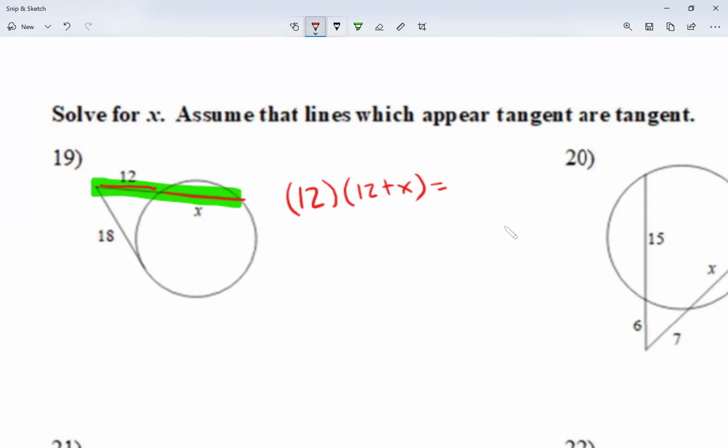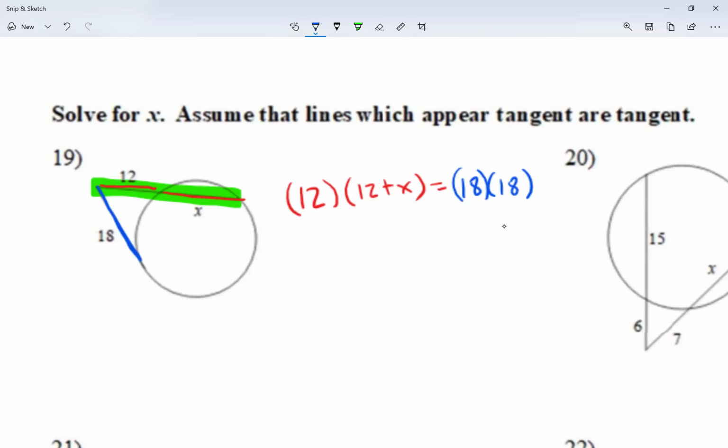Now with blue, let me take a look at the other segment. First of all, how much is outside of the circle? I'm looking at this segment right here. How much is outside of the circle? Well, 18 times. How much is the whole thing? How much is the entire segment? Well, 18. The entire segment is outside of the circle.